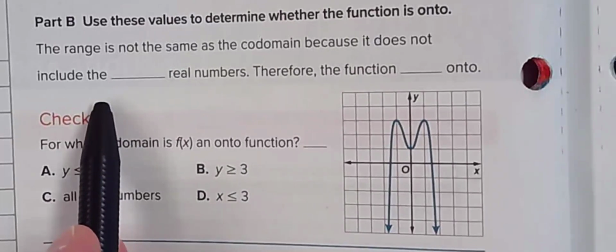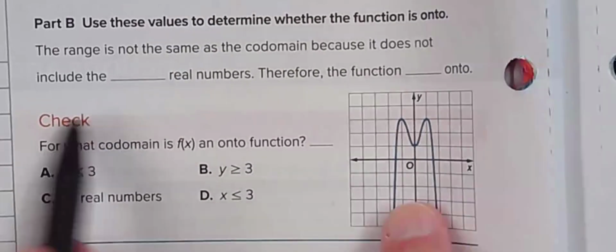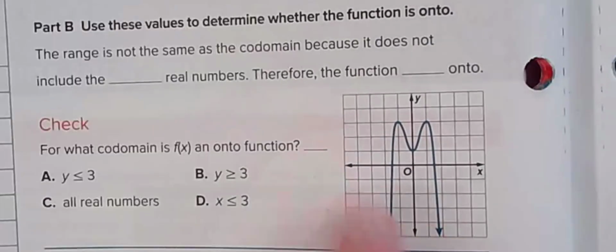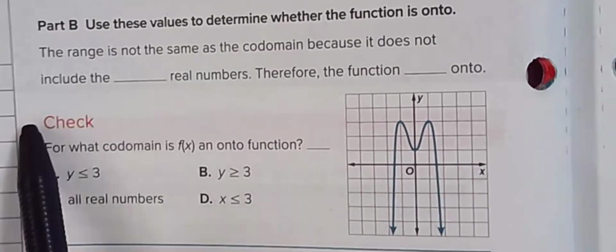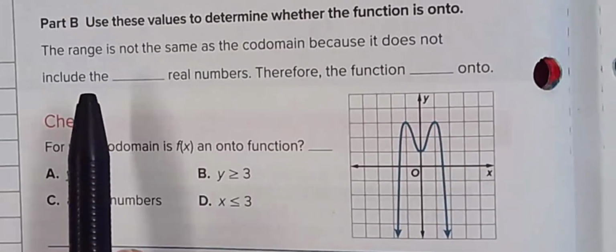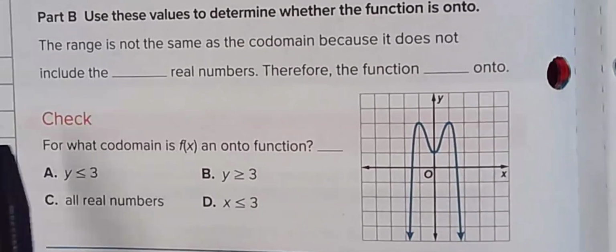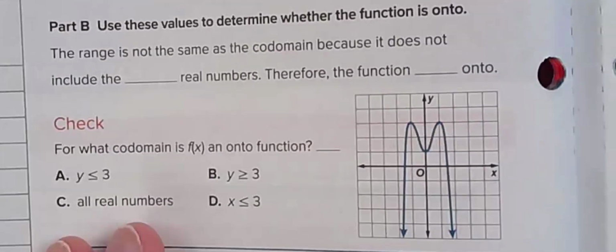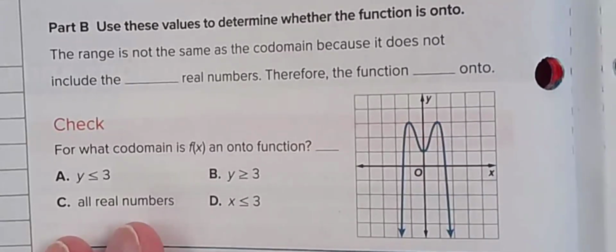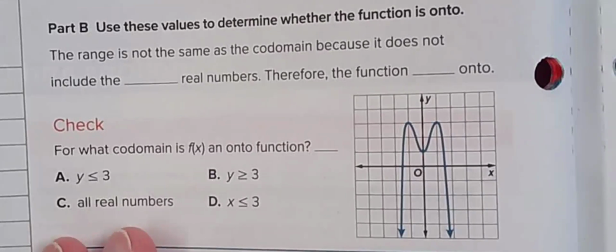This one goes with the upside down parabola on the previous. It does not go with that one. Those do not go together. So if you go back to the last one, it says the range is not the same as the codomain because the range does not include which real numbers? Positive, yeah. It doesn't include positive numbers.